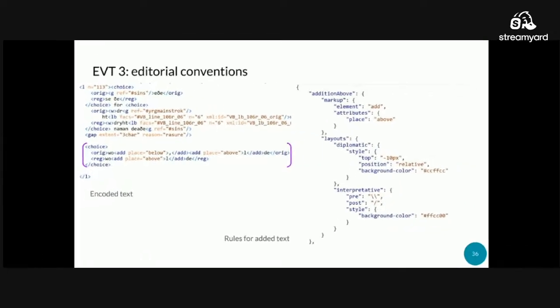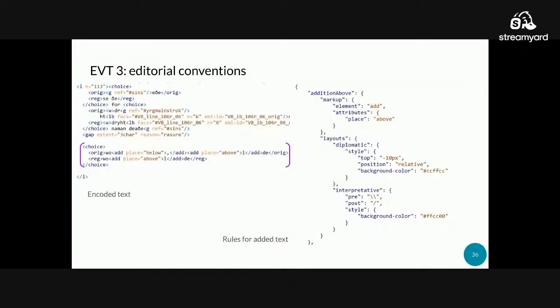For instance, even in my field, which is the Old English language and literature, there are many possible variations in how the text is going to be presented. We decided to provide an easily customizable way to decide how to present text. For instance, here you have the standard choice with orig and reg elements.